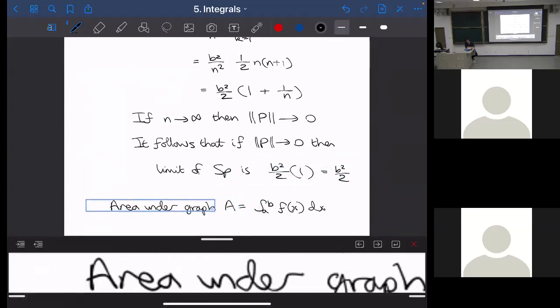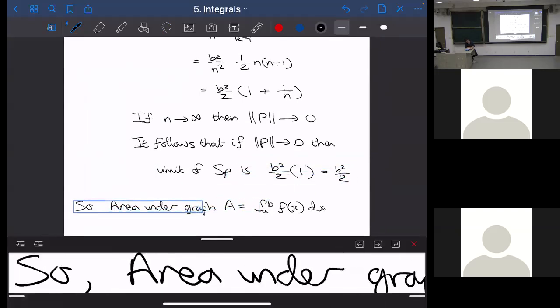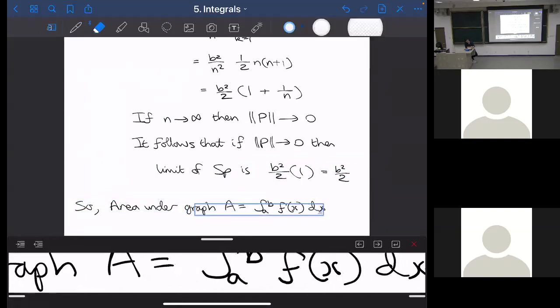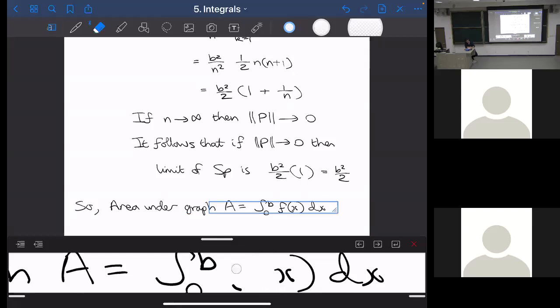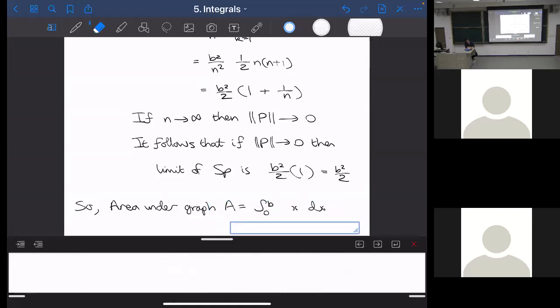So the area under the graph, A, the integral from 0 to b, the function is just x this time, equals b squared over 2.